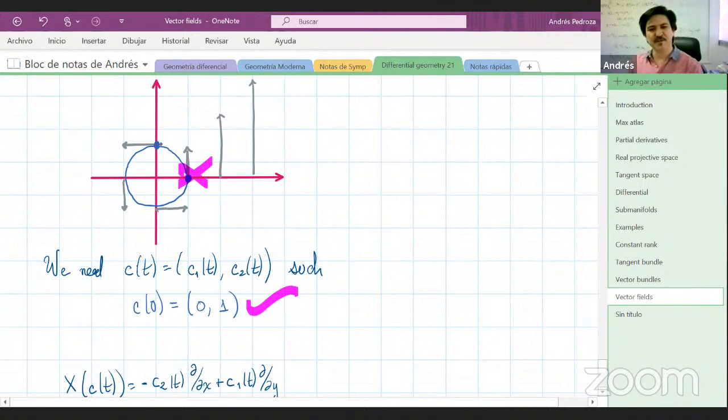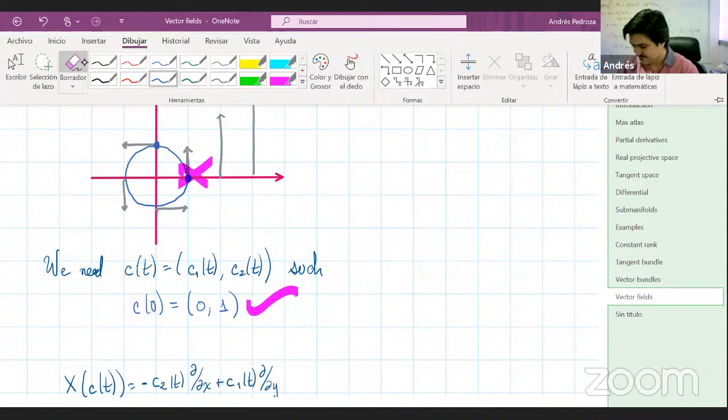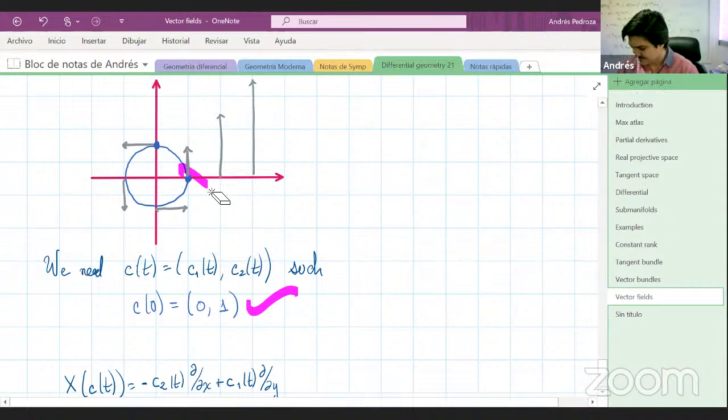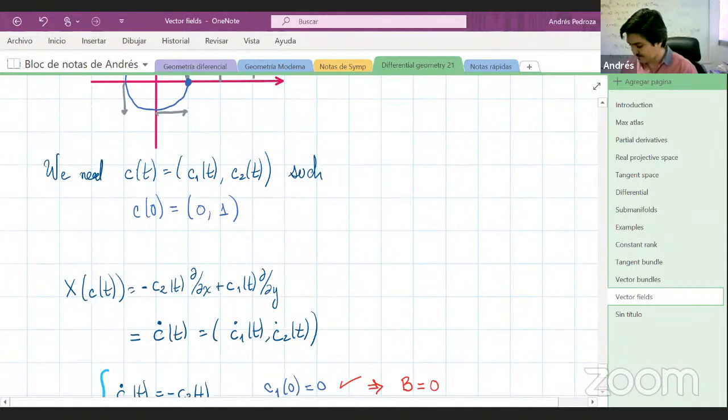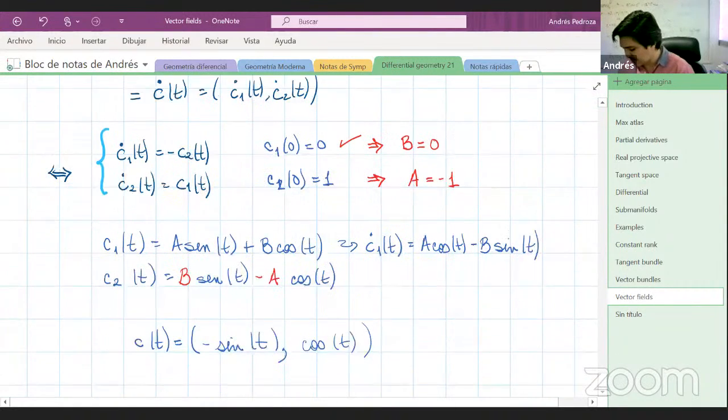So there's no problem if the first entry has a minus sign, it has to be negative. Exactly. If you change the base point, you will get something different. Okay, so this is correct.